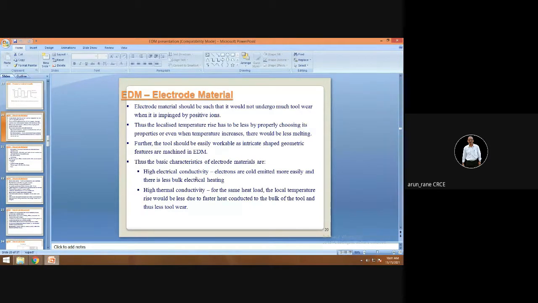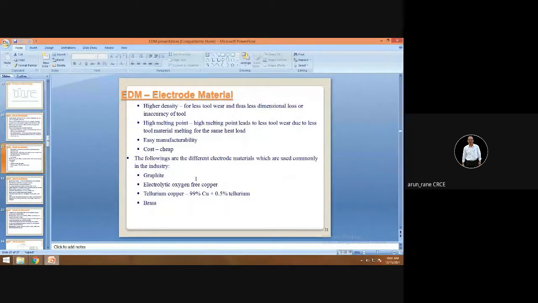Electrode material is generally copper or graphite. Copper is used for finishing and graphite is used for roughing. So what are the properties, characteristics of the electrode material? It should have good electrical conductivity and good thermal conductivity. Then the melting point of the electrode should be high so that you get good life of the electrode.